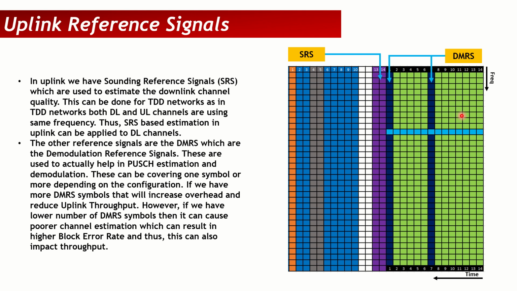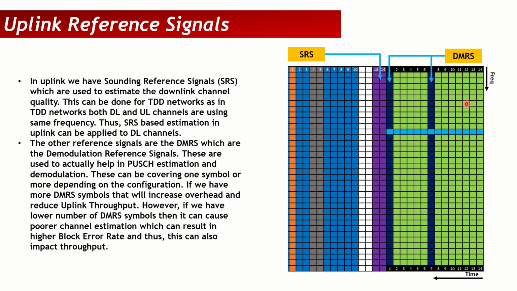So it is always a compromise. In very good conditions, you can reduce the DMRS to get higher PUSCH capacity. In poor radio conditions, you need more DMRS to get a much better service. Otherwise you will have a very high error rate.